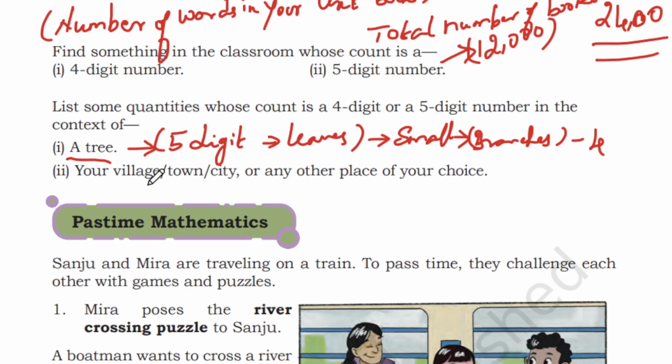Okay. So next you have your village, your town, city, any other places of your choice. So in a village, you can write in 4-digit number children, and 5-digit number you can write number of people.